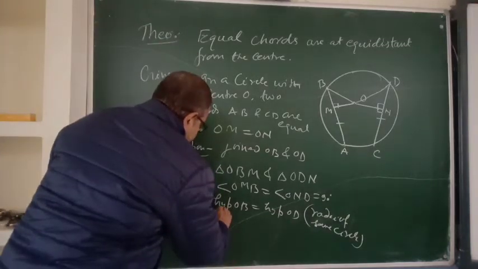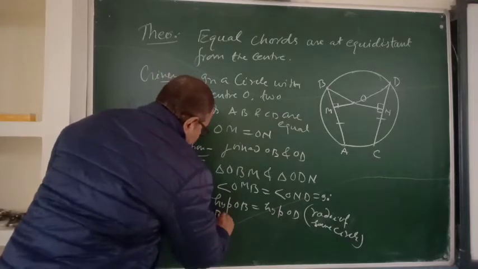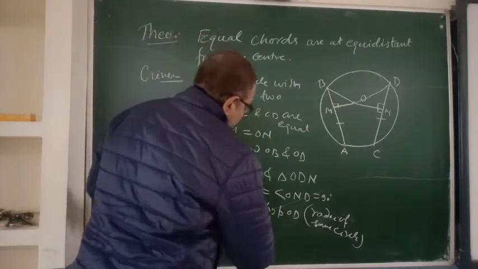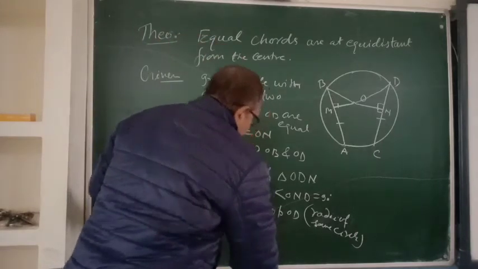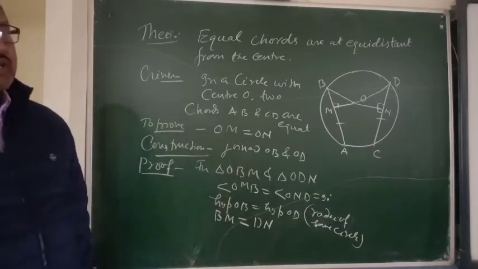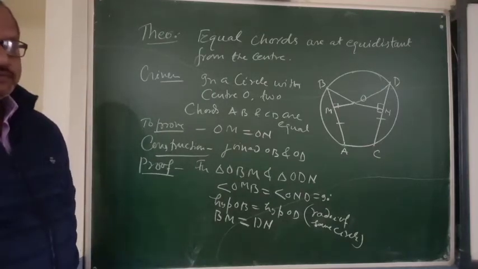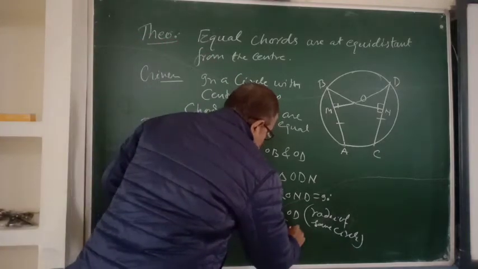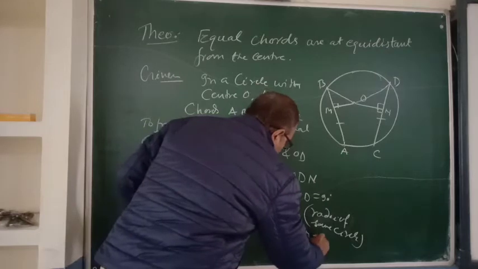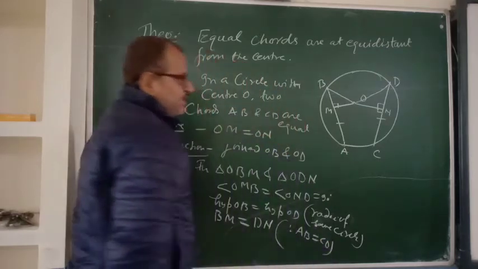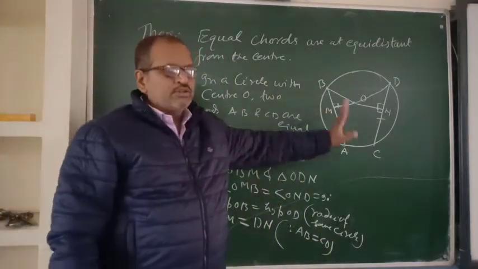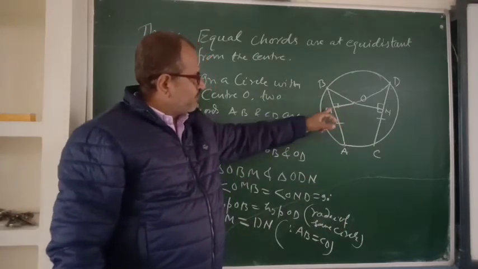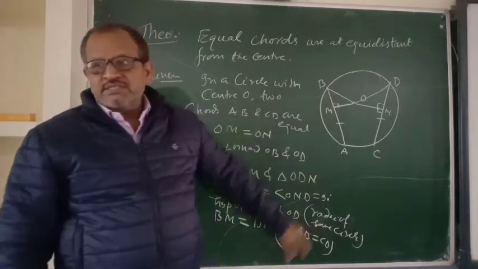So see here, we can write BM is equal to DN. How can we write BM is equal to DN? Since the length of chord AB is equal to CD. And we know by theorem that the perpendicular drawn from the center to a chord bisects the chord.